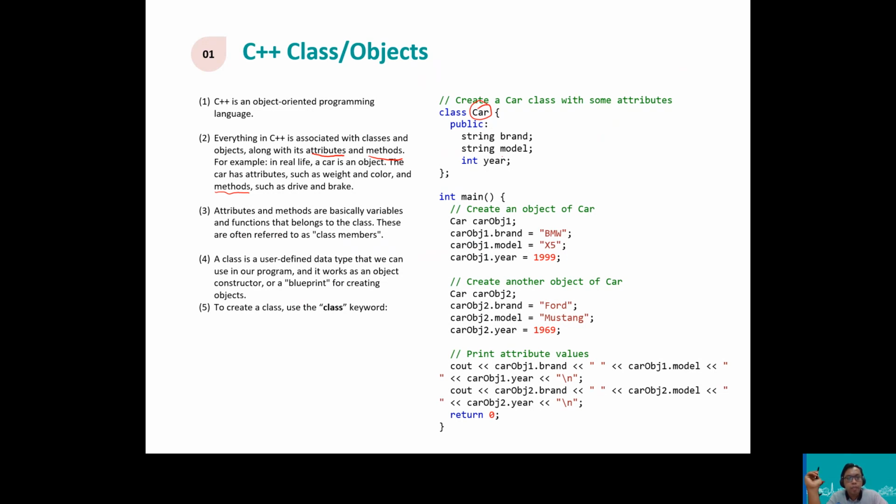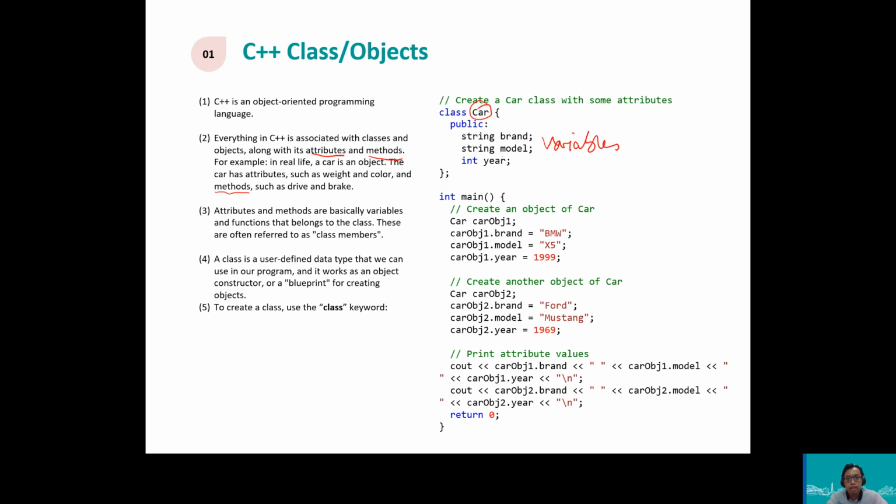So attributes and methods are basically variables and functions. Typically, attributes are the variables here, and the methods are the functions, which come in the next slide.